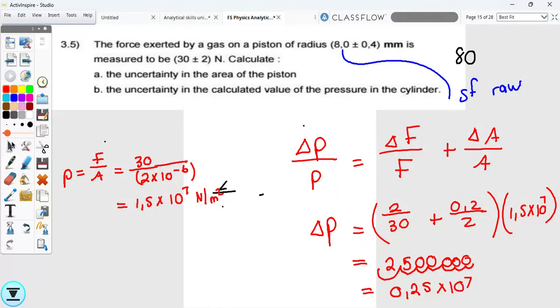Now I can put my values together and give a proper answer. Maybe it's not quite there yet, but we can say pressure then is 1,5 plus or minus 0,25. Does that look right to you? What did we say earlier about the value and its uncertainty?